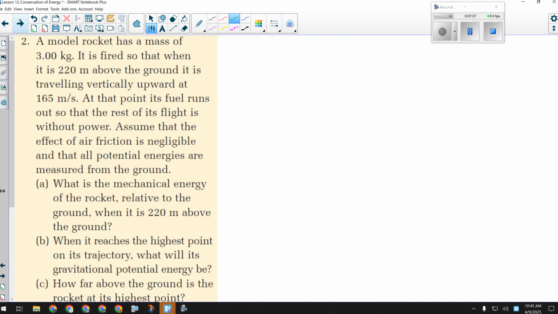Okay, divide those two over to the other side, and we're looking for HF. So we would have 4.73 times 10 to the 4 joules divided by 9.81 times 3 kilograms. Sorry, not H, M. I'm using an answer from the previous part, so I have to carry over my significant digits.